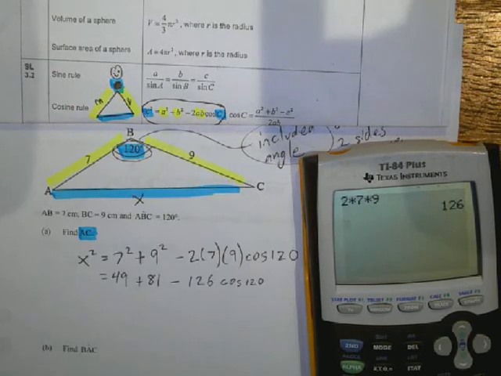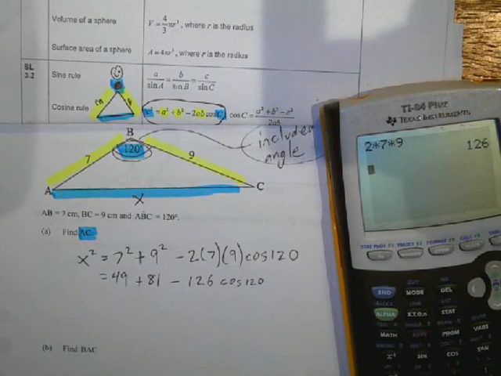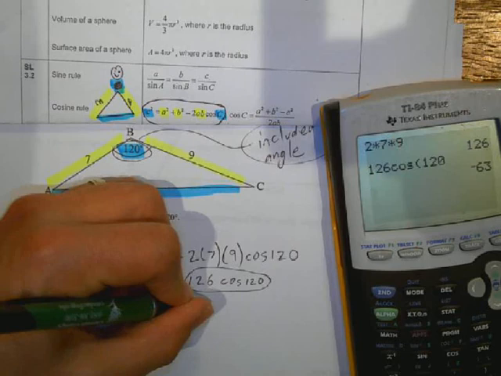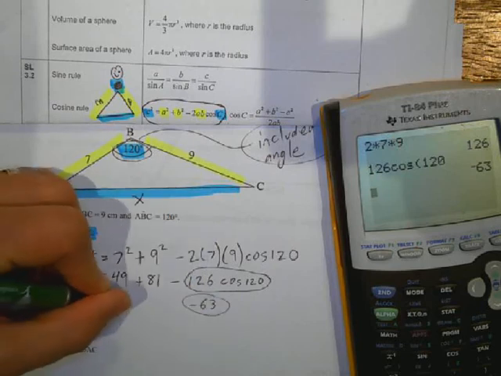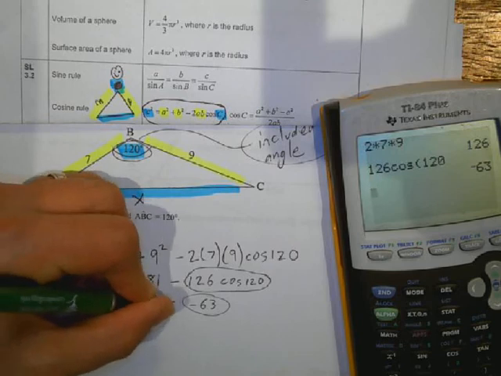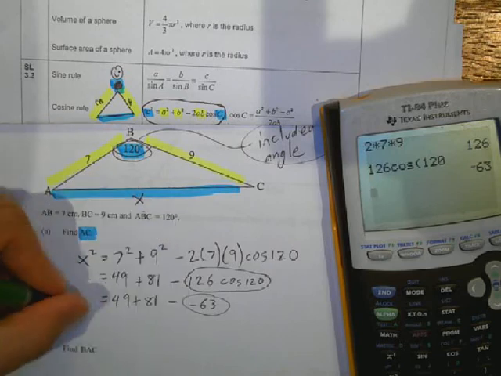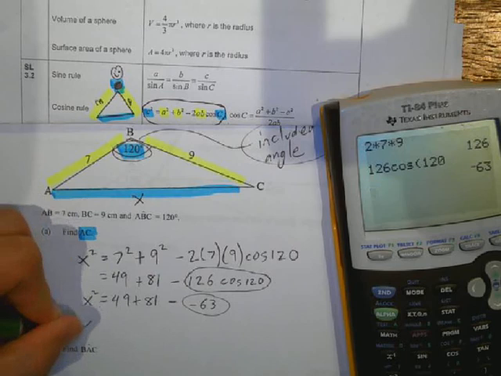Now, here's where people make mistakes. What is 126 cosine 120? 126 cosine 120 is negative 63. So we've got 49 plus 81 minus negative 63. So that's going to become plus.